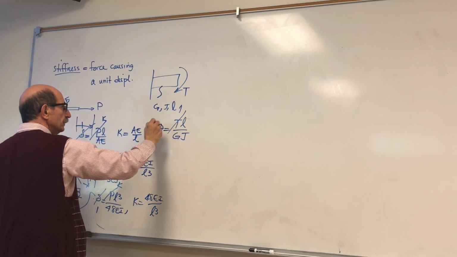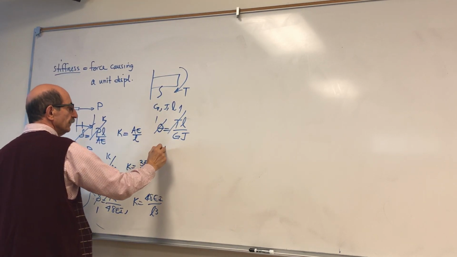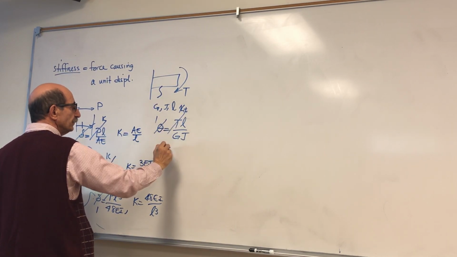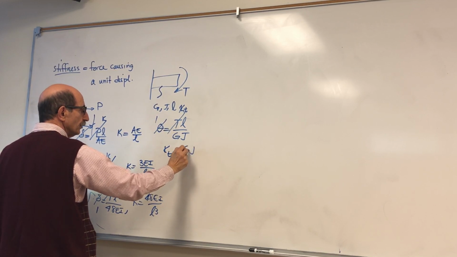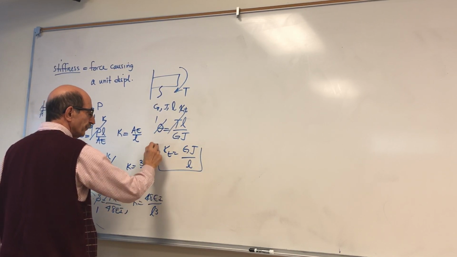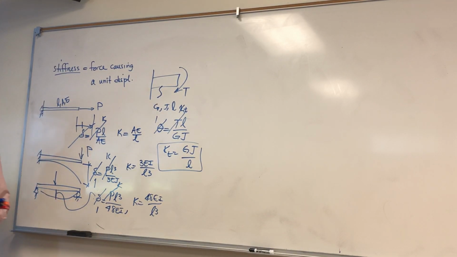So if this is 1, then this is KT. KT is GJ over L. So for simple structure elements, we know what the stiffness is.